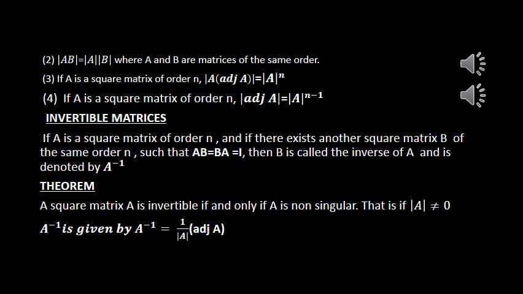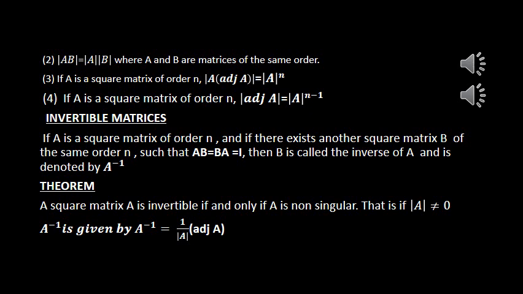This A is a given matrix. You find another matrix B such that the product of A and B, A is given, B is the new matrix, so AB is equal to BA is equal to I. When you multiply the given matrix with the new matrix such that their product is an identity matrix, then the new matrix B is called the inverse of A and is denoted by A raised to minus 1.